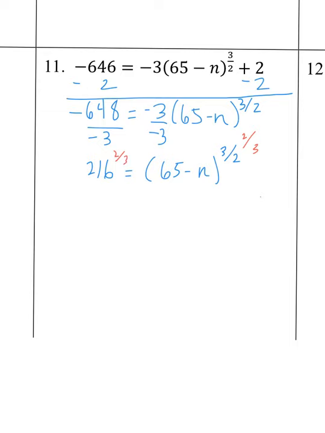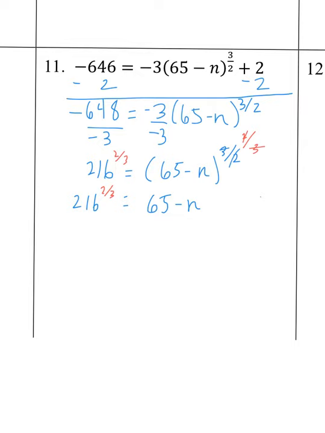And then this 3 is going to cancel out with this 3, and this 2 is going to cancel out with this 2. So we're left with 65 minus n equals 216 to the exponent 2/3.